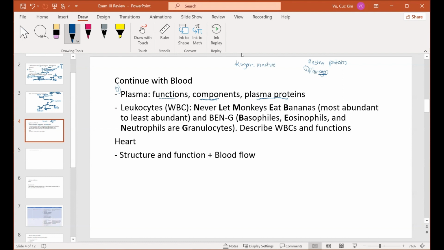So fibrinogen is the inactive form of fibrin. Makes sense because you don't want fibrin unless you need it. Okay, so fibrin is a plasma protein that has clotting action. It can cause clots.